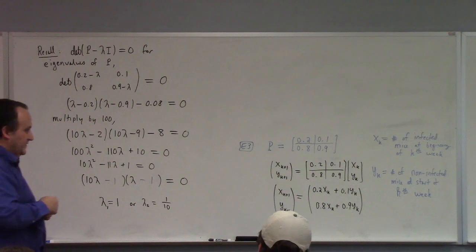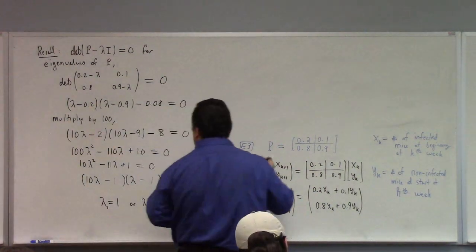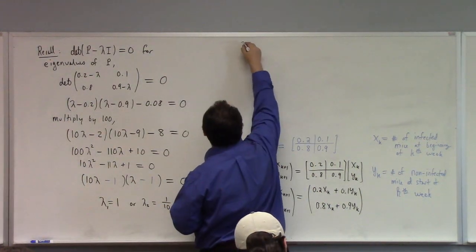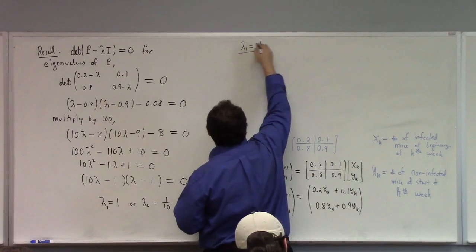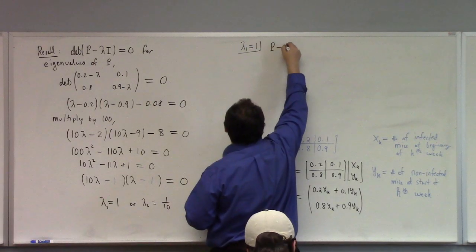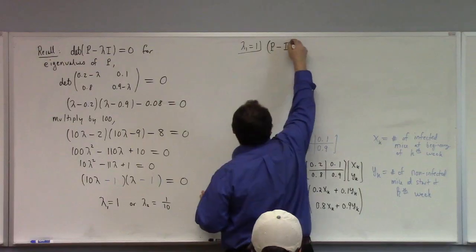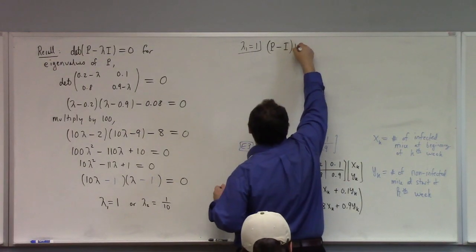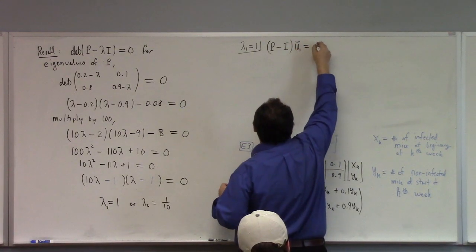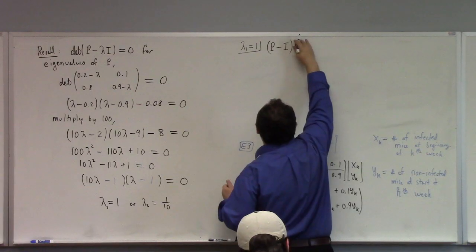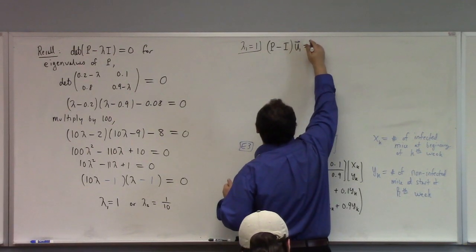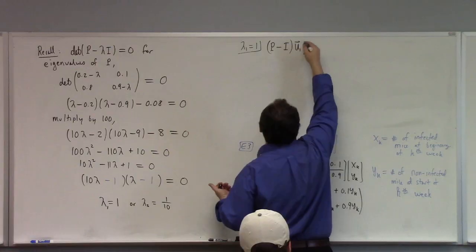Let's see here. So the eigenvectors, we'll start with lambda 1 equal to 1. So we're looking for P minus the identity times, let's say, a vector, I'll call it u, equal to 0. I guess I should call it big X here, huh? But I usually do this.